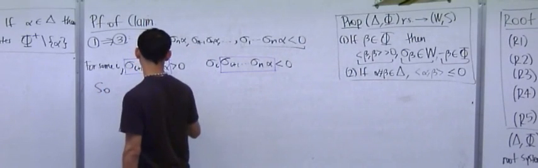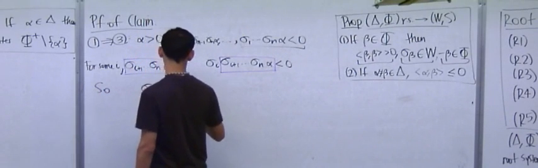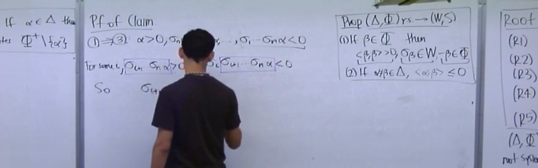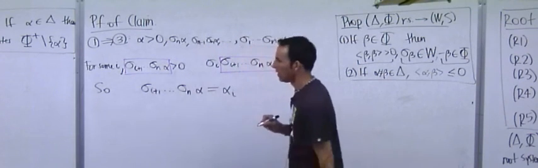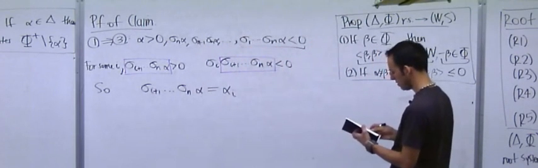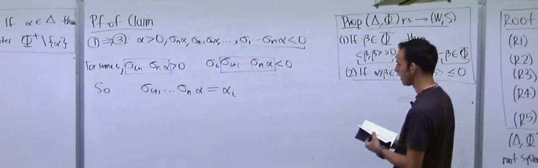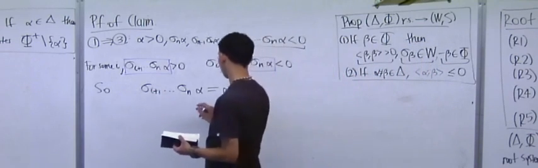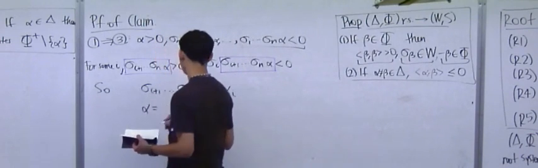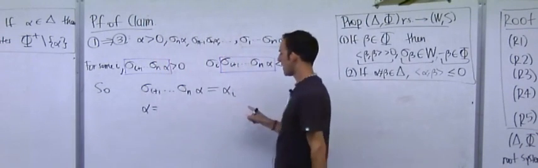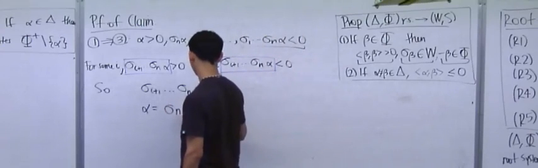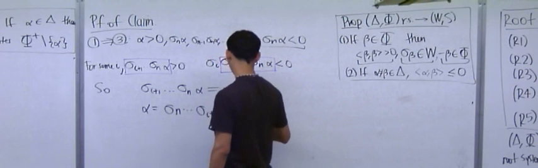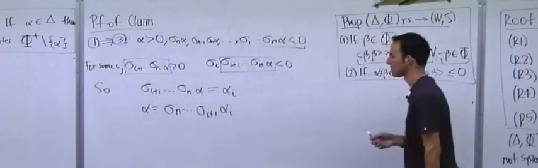So I get that sigma i plus 1 up to sigma n of alpha has to be alpha i. So now let me solve for alpha. What I get is that alpha is sigma n up to sigma i plus 1 of alpha i.